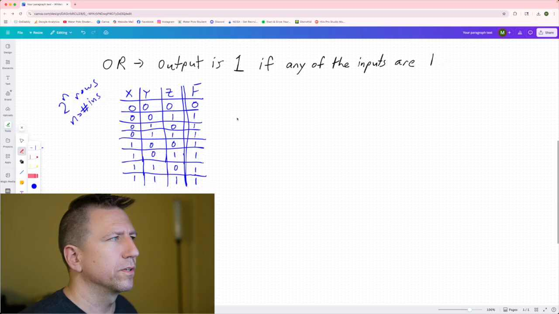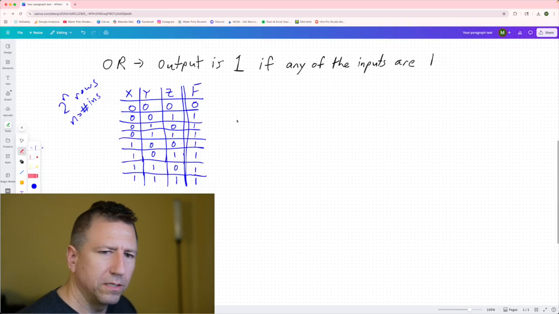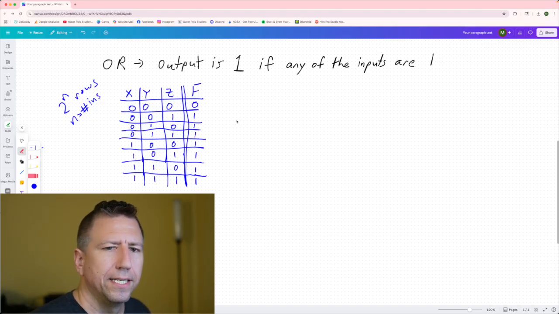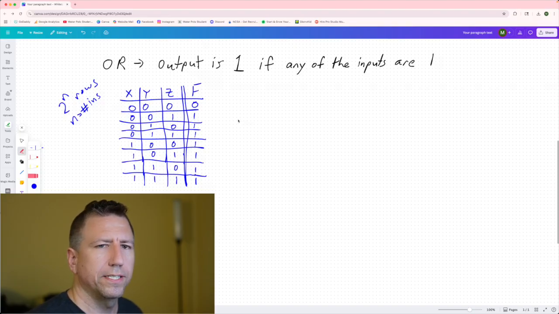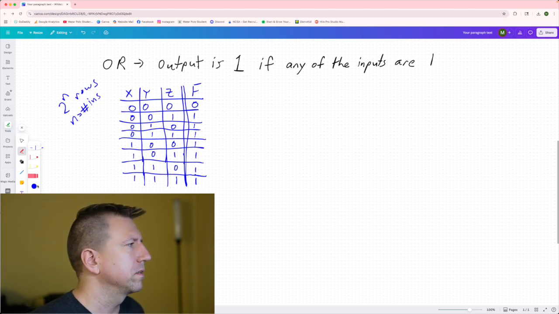So the output of an OR gate is mostly going to be a 1. If anybody's a 1, it's going to be a 1. So it's very permitting in that way. Where an AND gate is very exclusive, very restricting. It only allows an output of 1 if all of the inputs are 1. So it's a way I kind of like to look at it there.